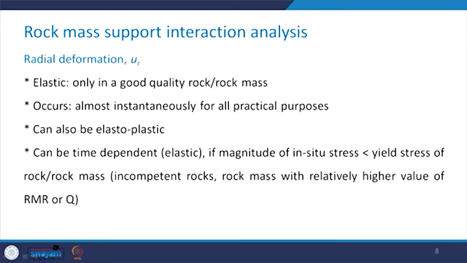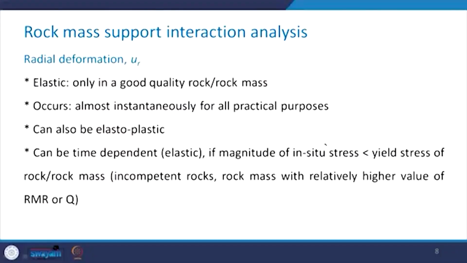This radial deformation will be elastic only in a good quality rock or rock mass. It occurs almost instantaneously for all practical purposes. Depending upon the behavior of the rock mass and the support system, it can also be elastoplastic.